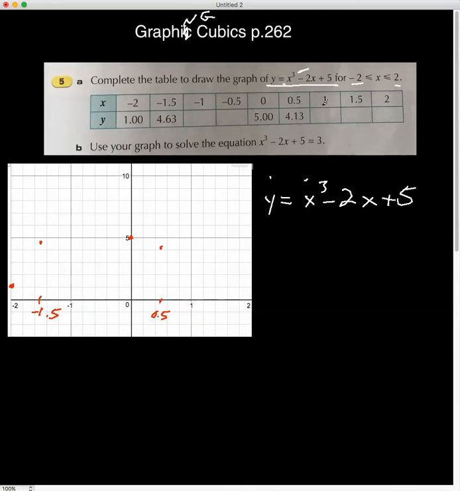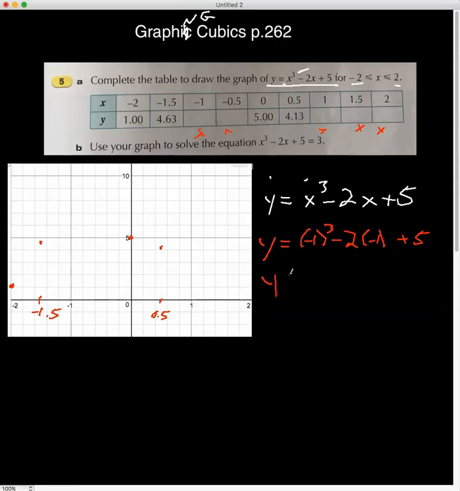And now what do we have? No other points. So now we have to find these points here. So I'm going to use one as an example. I'm going to find one point by writing out my equation with -1 in here. So if x is equal to -1, you should have (-1) cubed minus 2 times (-1) plus 5.